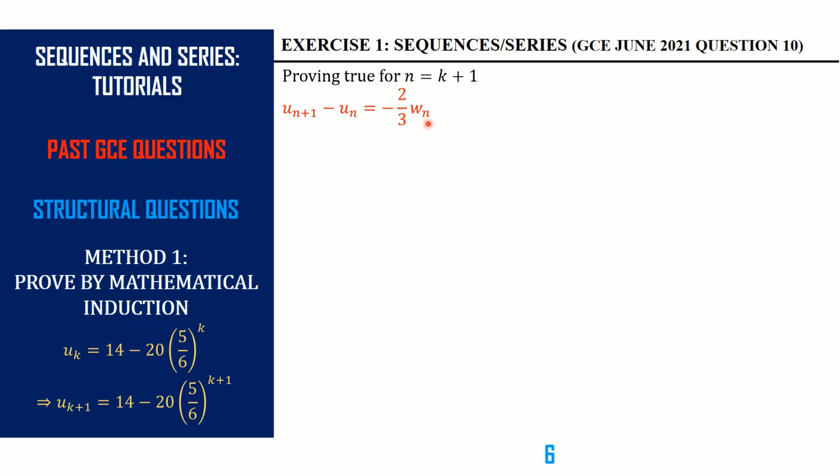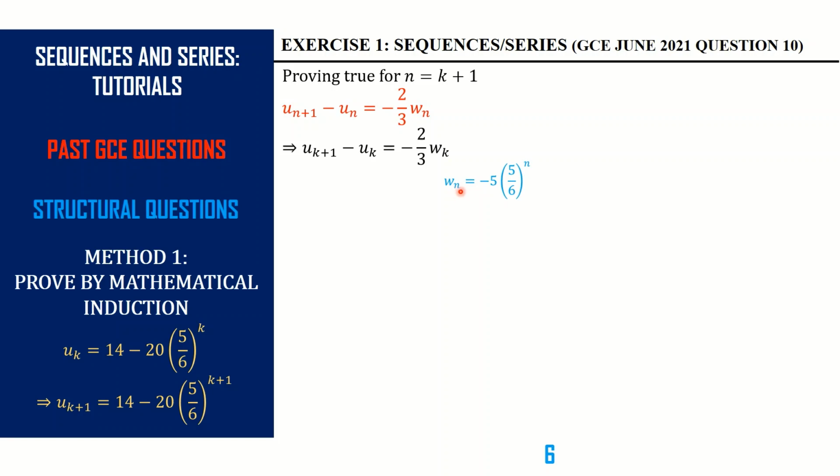That's what we had previously, in Roman 3, sorry, where they asked us to express u of n plus 1 minus u of n in terms of w of n. So it means that u of k plus 1 minus u of k will be negative 2 over 3 times w of k by just replacing n with k.